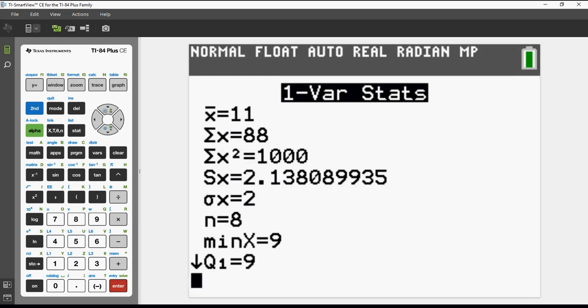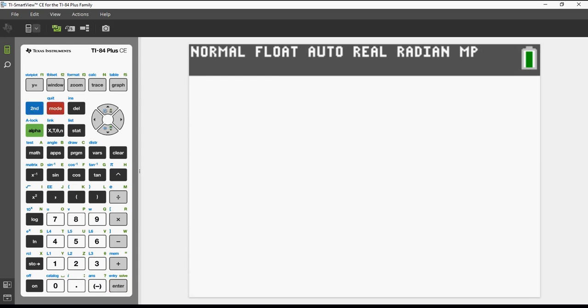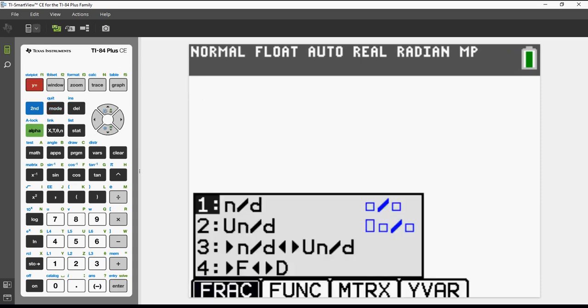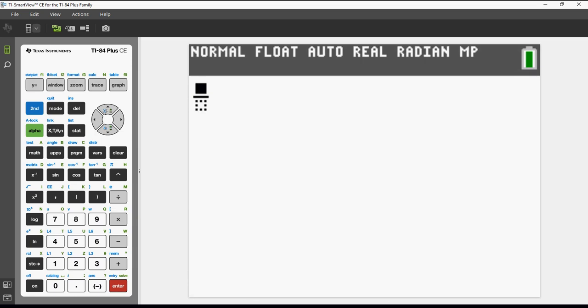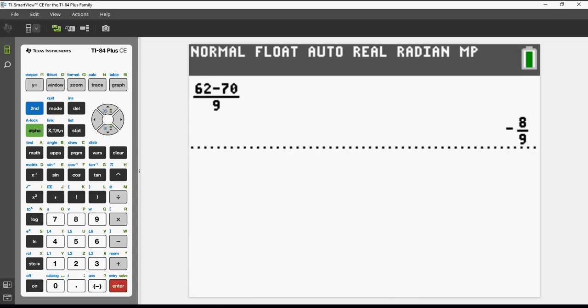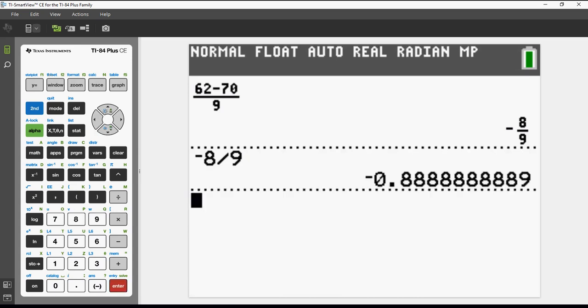That means you made the same mistake you did earlier, John. You've got to use parentheses, bud, or use the fraction key. If you use the fraction key, it will kick everything out for you. So 62 minus 70 all over 9. Take negative 8 divided by 9. There's our guy.